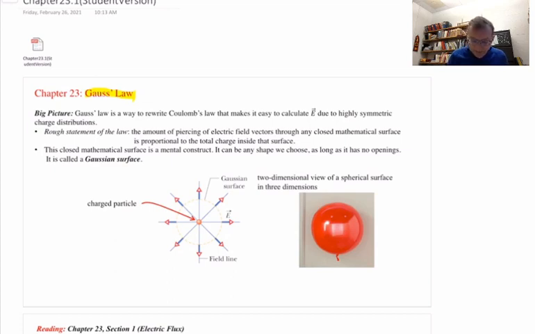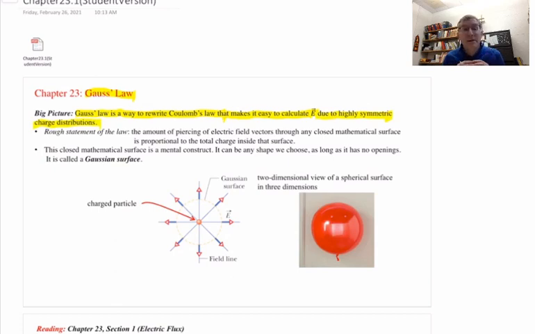Here's the big picture. With Gauss's law, it turns out we are in essence kind of rewriting Coulomb's law in such a way that calculating electric fields is very, very easy if the charges that are producing the electric field have lots of symmetry to them.